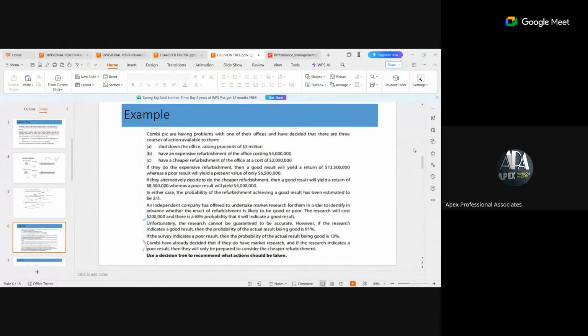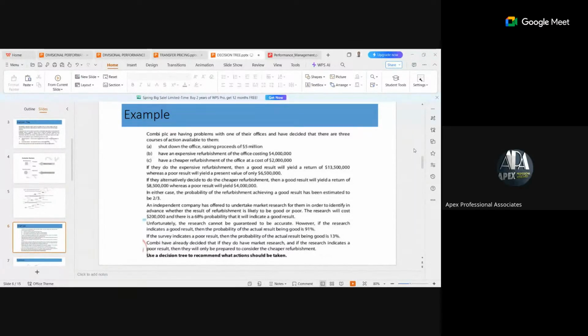based on this last paragraph, you have to read it very well. That if the survey indicates a poor result, then the probability of the actual result being good is 13%. So it means the probability of the outcome being bad will be what? If the good is 13%, 87%, bad, yes.